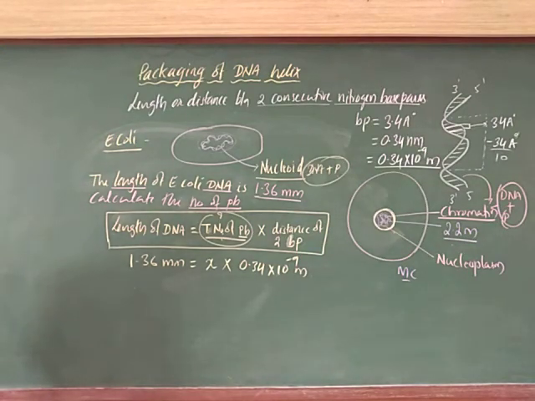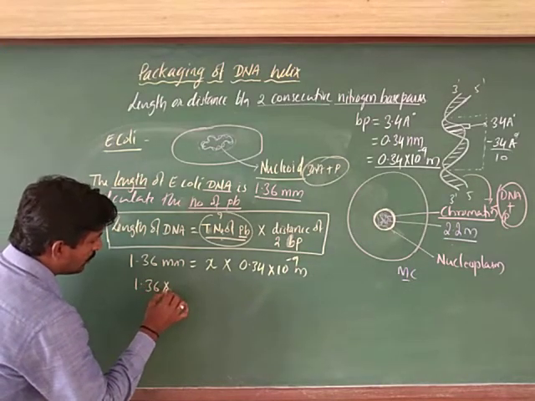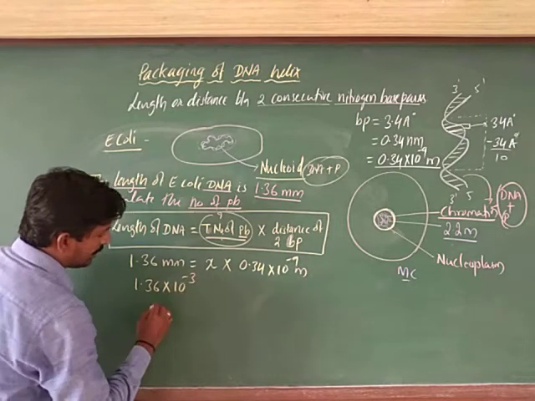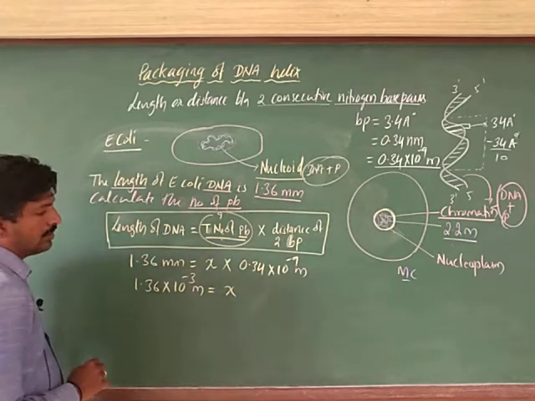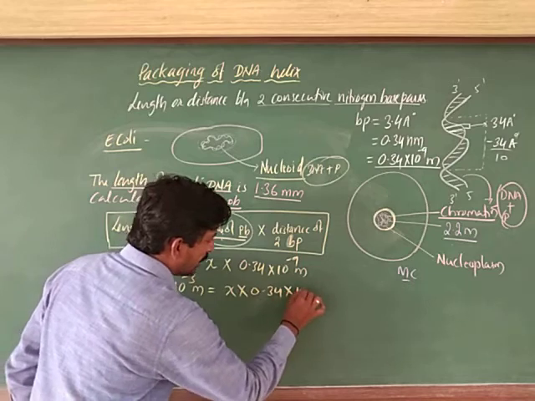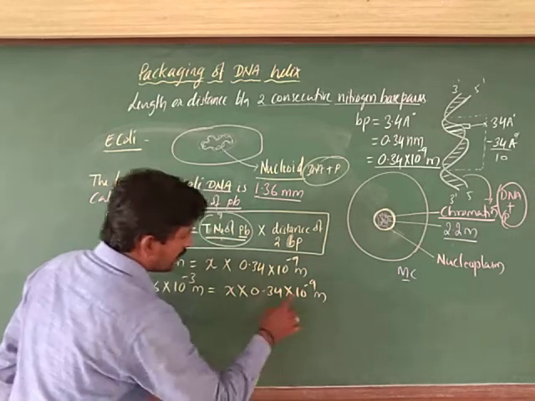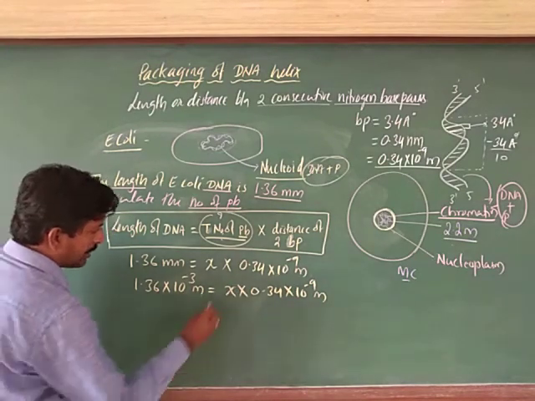Converting from mm to meter, 1.36 into 10 raised to minus 3 meter is equal to x into 0.34 into 10 raised to minus 9. We have to identify the x value here.